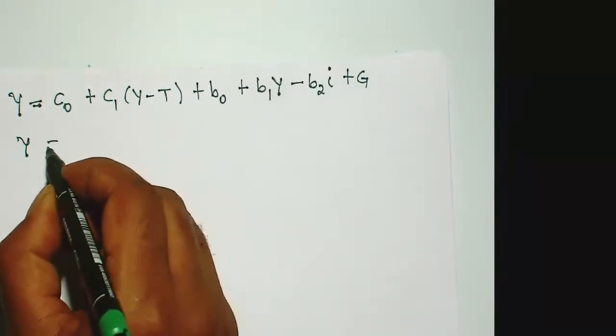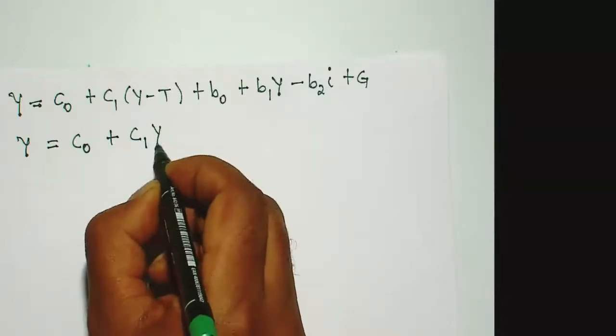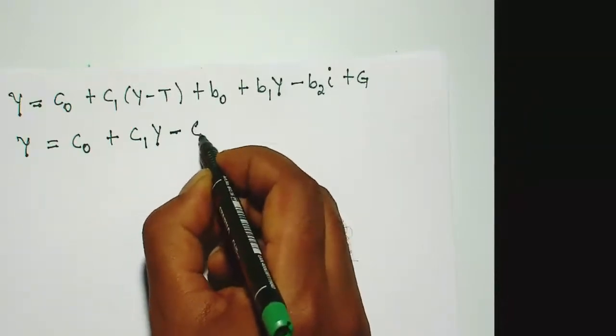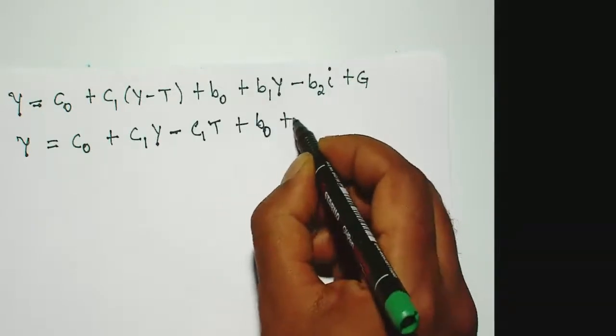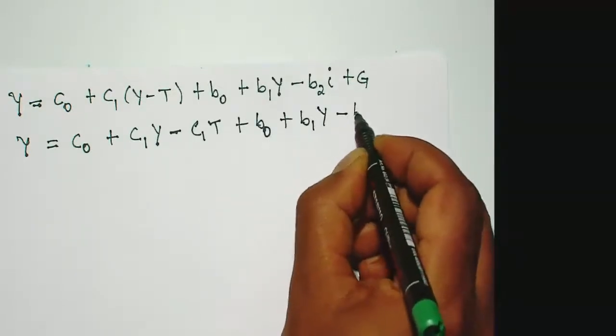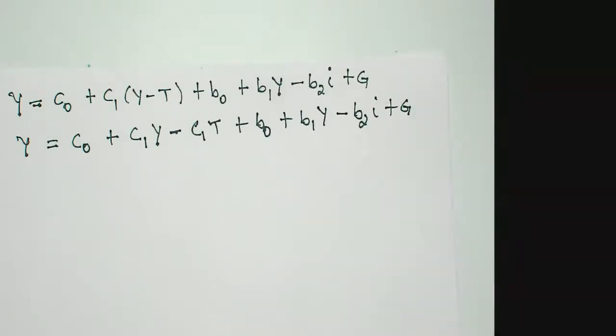As we have been doing in the previous exercise sessions, we would first get rid of the bracket on the right hand side, C1 multiplied by T, plus our B0 plus B1y minus B2i plus G.